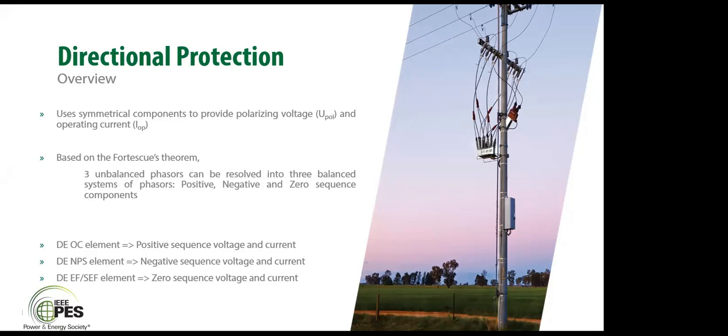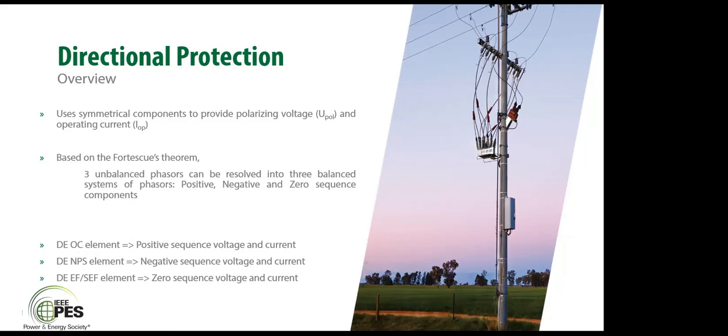The most common mistake students or fresh graduate engineers make in the real field is they mix up the system voltage and system current with the polarizing voltage and operating current. The system voltage is not the polarizing voltage, and the system current is not the operating current. These two sets of parameters are completely different.